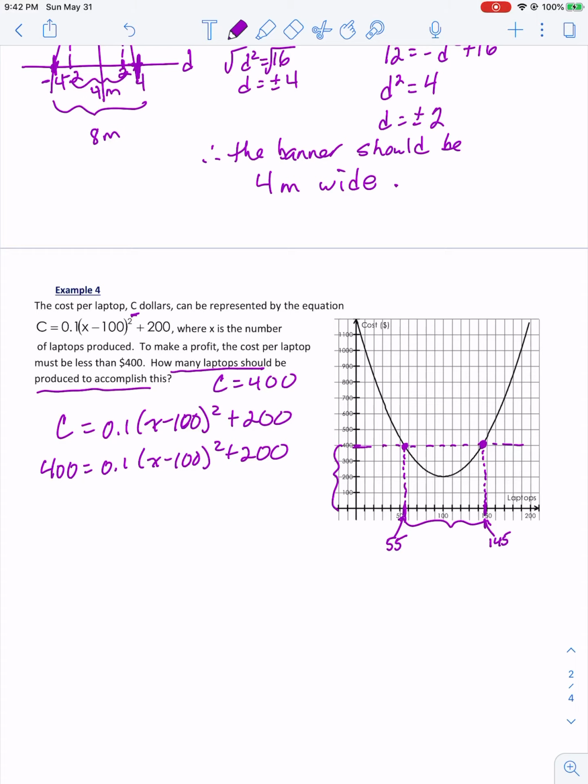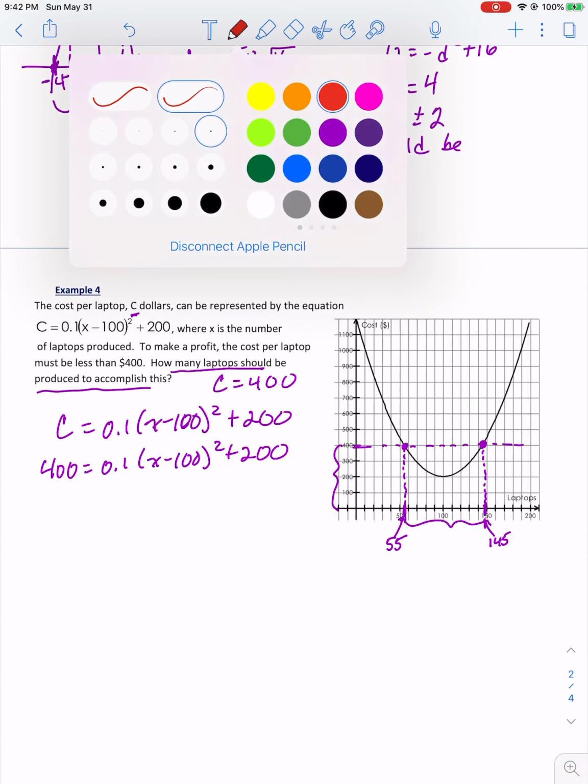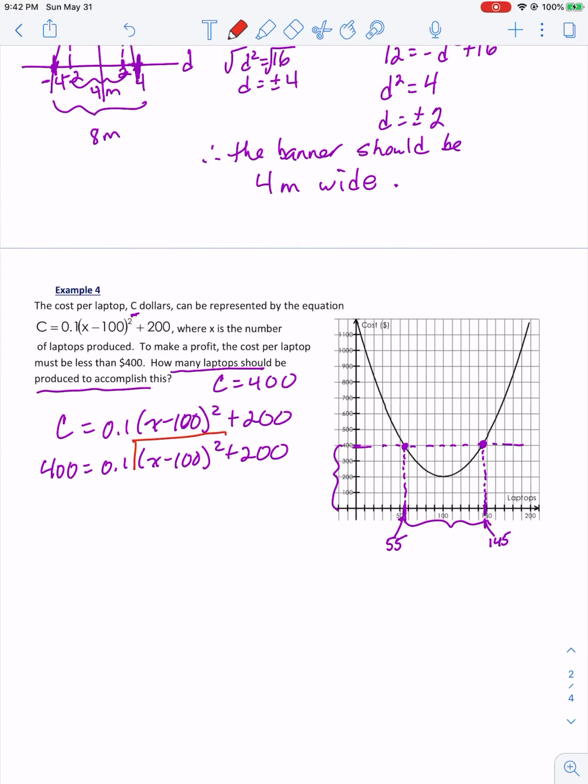So the first thing we need to do is isolate this bracket with the squaring. So we've got to get rid of the 200 first. So 400 minus 200 equals 0.1 times x minus 100 squared. So that's going to be 200.